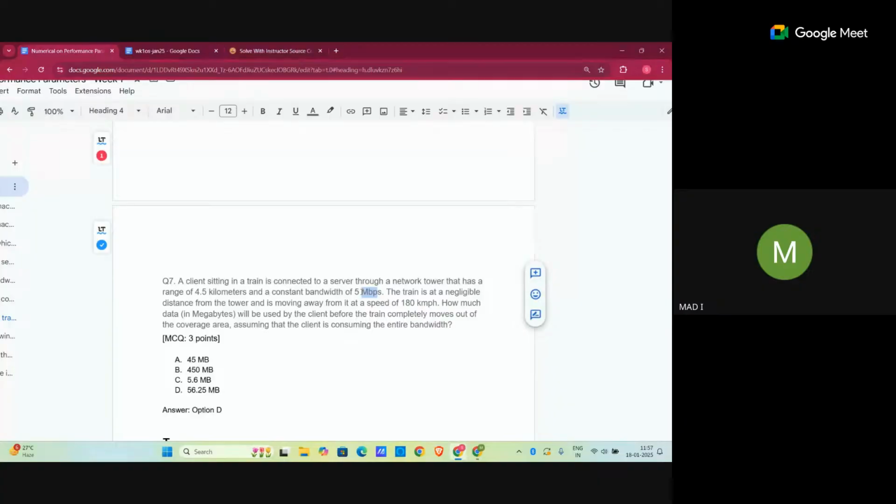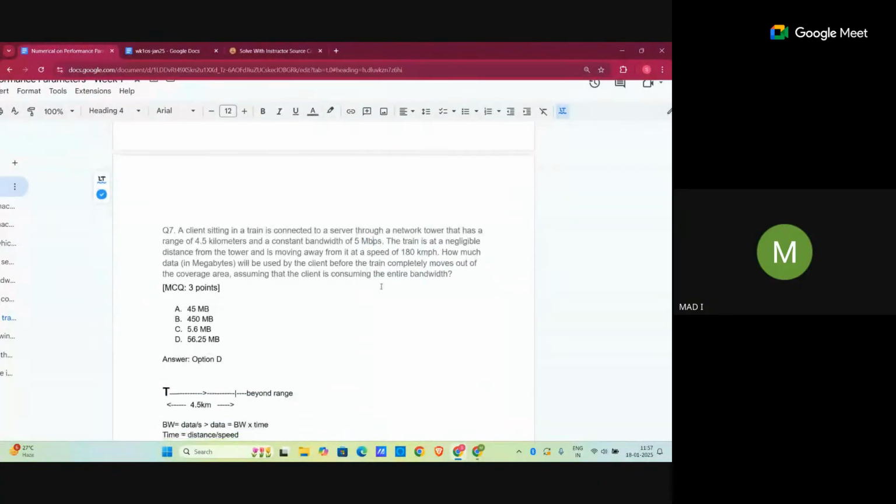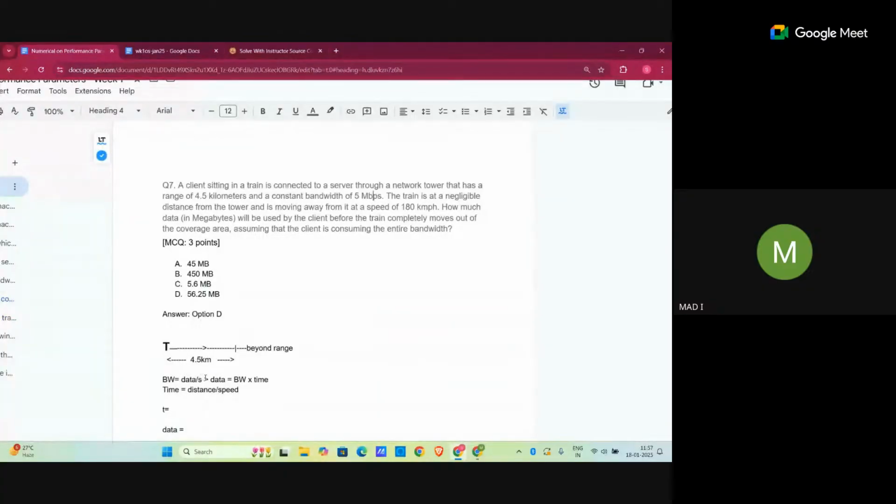So you can also write it as data transferred per second. From the units, bandwidth is equal to data per second. So if we want to calculate the data, how will we calculate it? Data will be equal to bandwidth into time. Okay, so now we have the bandwidth. Now we want time to get the data.